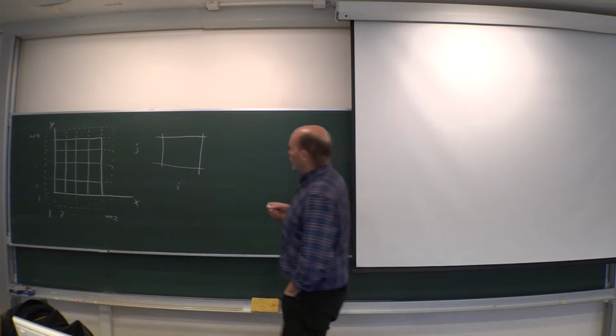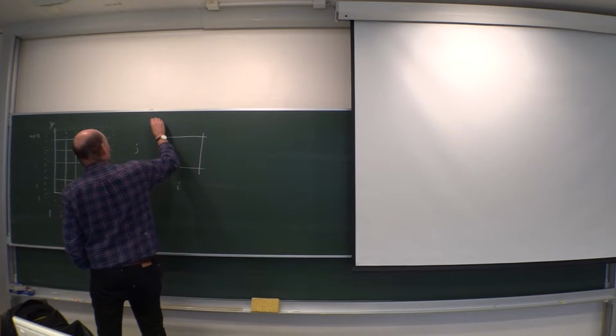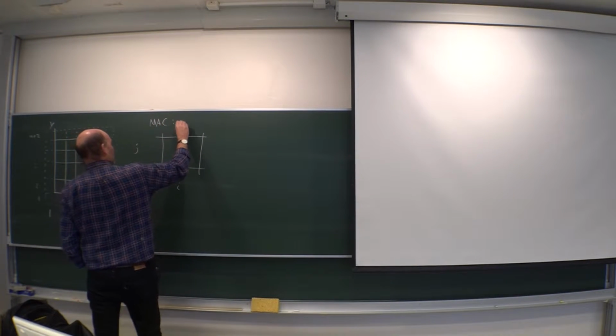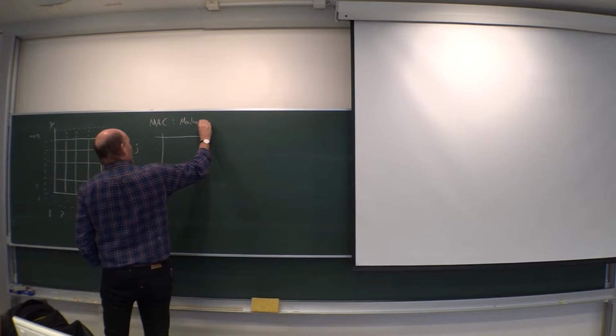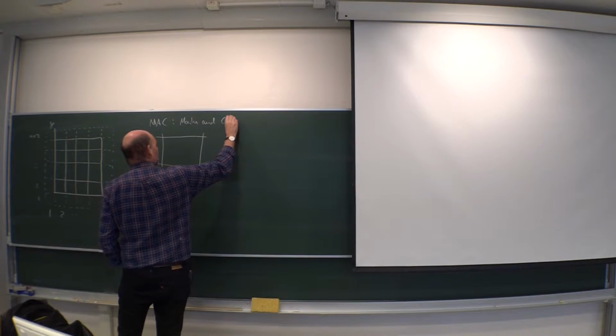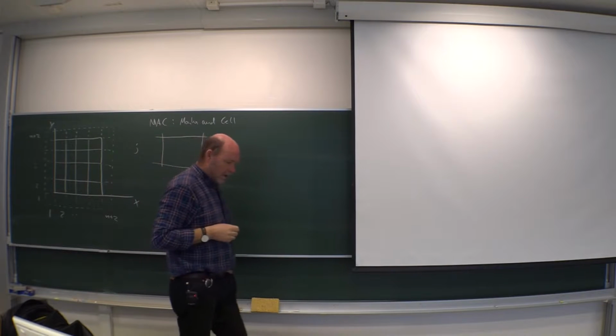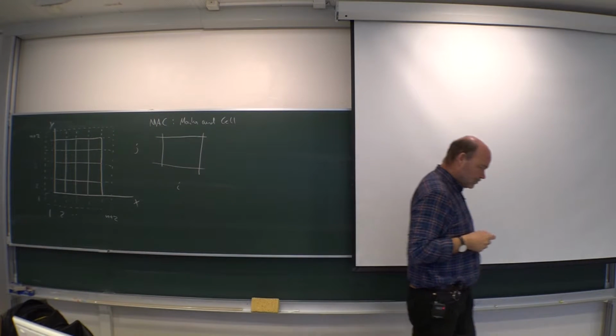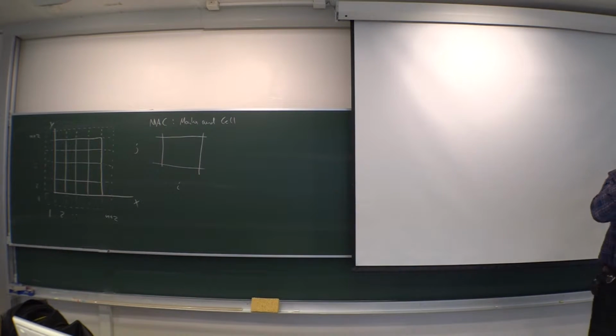And what we are using here is something called MAC, marker and cell. That is a staggered mesh system by Harlow and Welch in the mid-60s. They wrote an article where they wanted to simulate a free surface.